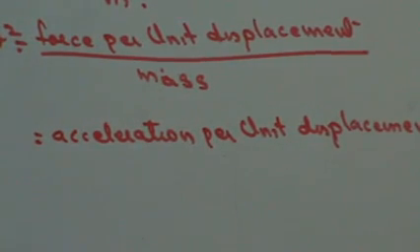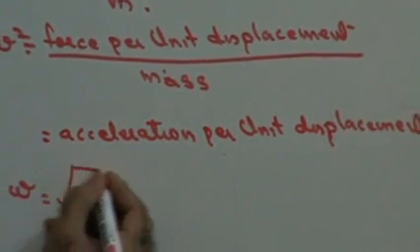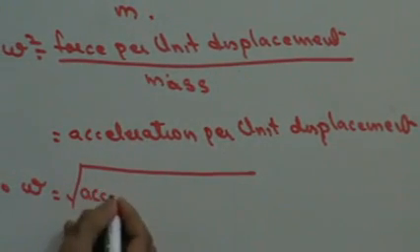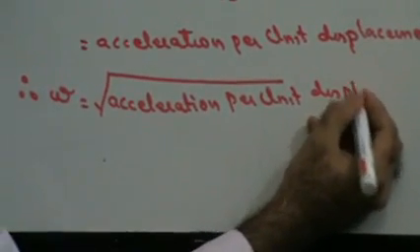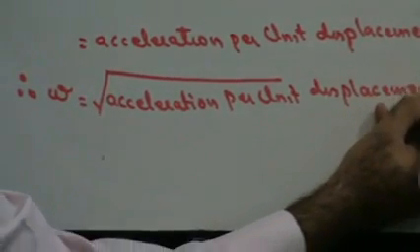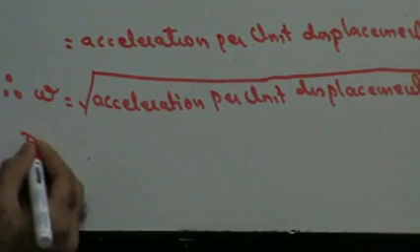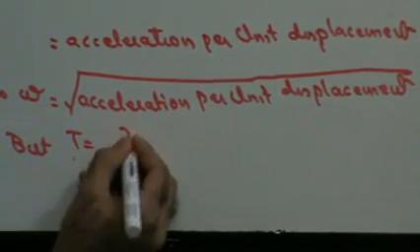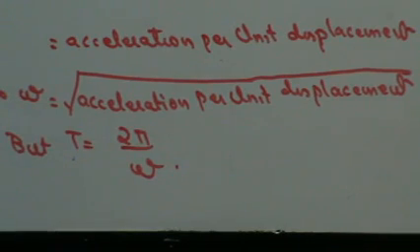so omega square is going to be this. Thus, I can say that omega is square root of acceleration per unit displacement, right? I now know the value of omega, but T is equal to 2 pi by omega. You just derive this also, that time period is 2 pi by omega.